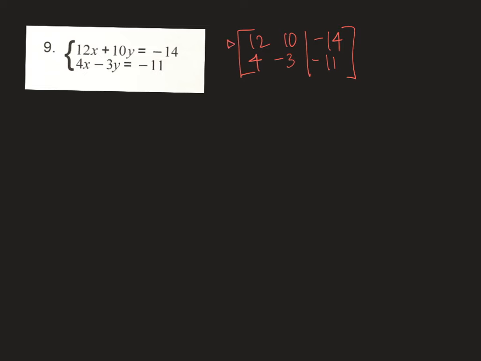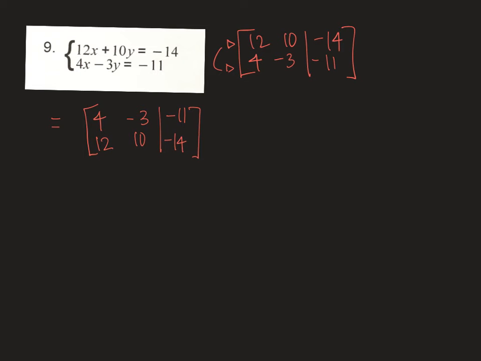So I'm going to choose to just swap those right off the bat. So my second row is just going to become my first row, and my first row is going to become my second row.